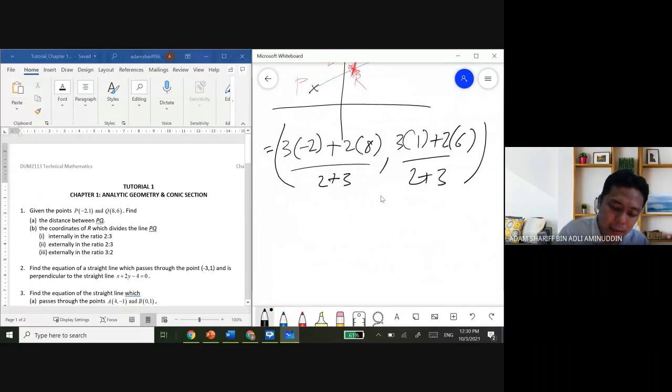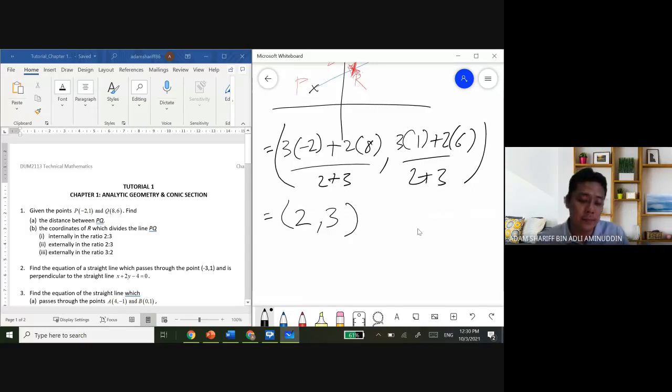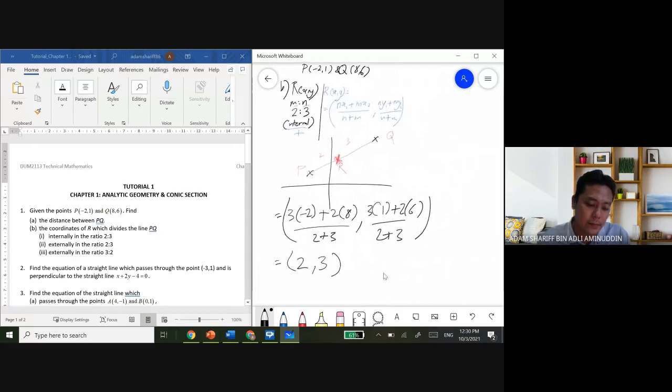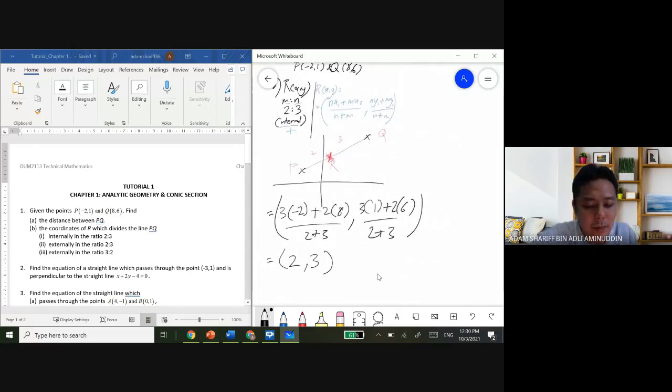After sum calculation here, kita dapatlah nilai 2, 3. Okay, you can plot it carefully and you can really can visualize that this RXY will divide P and Q internally in the ratio of 2, 3.